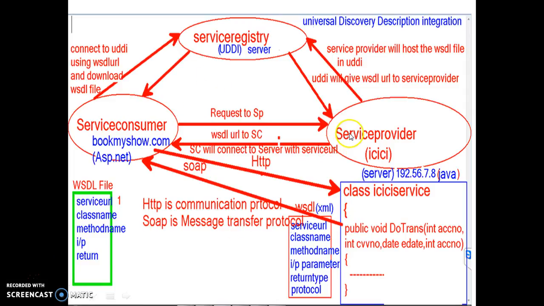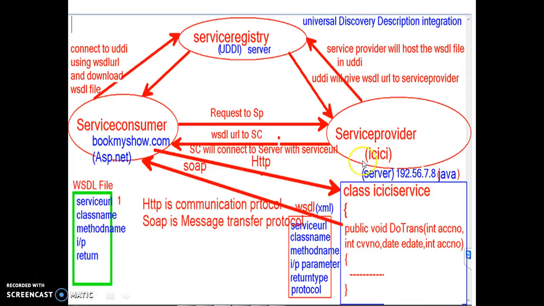So first of all, what will happen? The service provider will create a service. Service means a simple class. In that class, they will declare some methods. In that method, some code is there. And whatever methods and properties or whatever information you declare inside the class, the service provider will create one documentation. The documentation name is WSDL, Web Service Description Language. What information will he maintain in this particular documentation? This documentation consists of the entire information of the service, like the service URL.